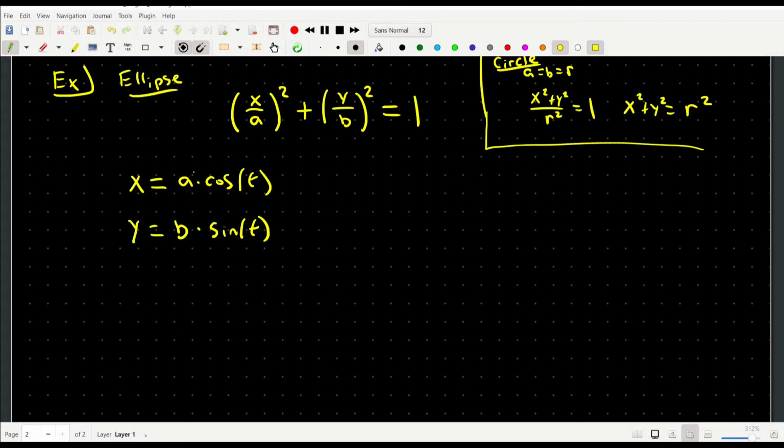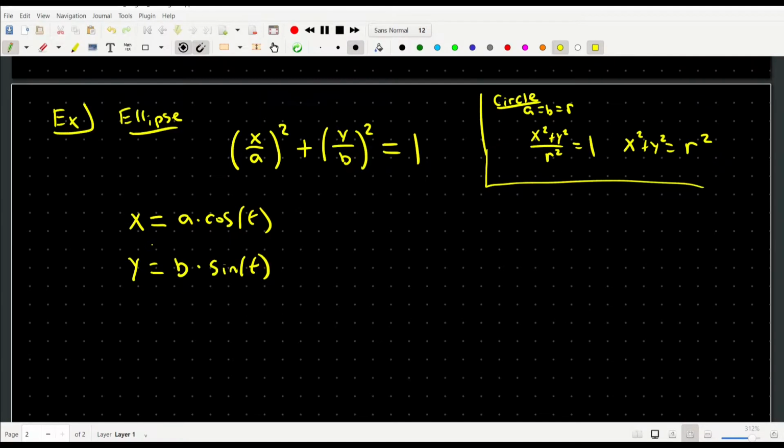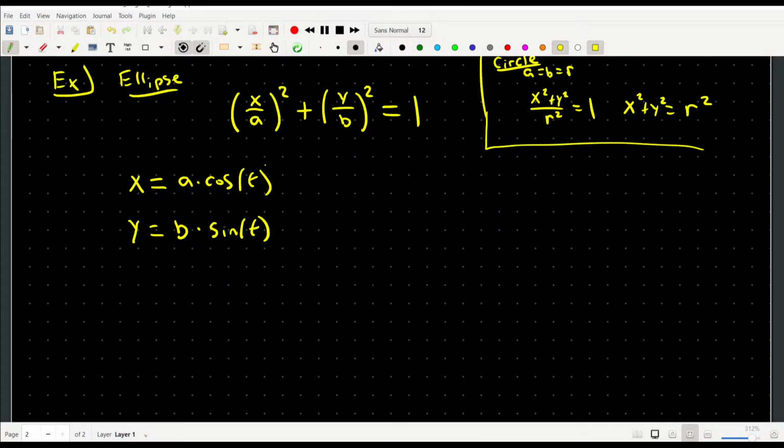If you take a times cosine of t and you plug into this equation, you're going to be left with cosine squared. And if you take b times sine of t and plug into this equation right here, you're going to be left with sine squared. And we know that cosine squared plus sine squared is equal to 1. So this is the correct parameterization of an ellipse.